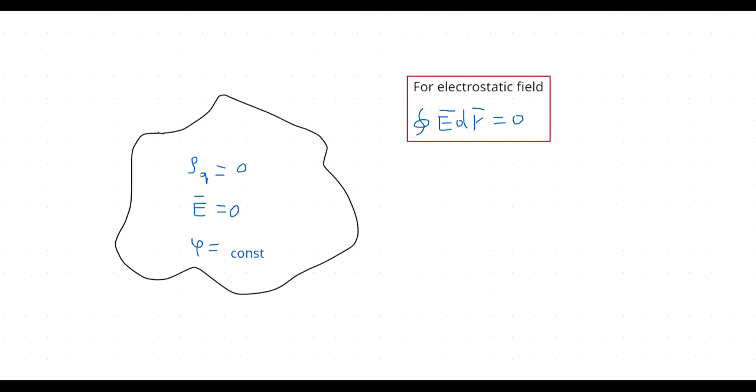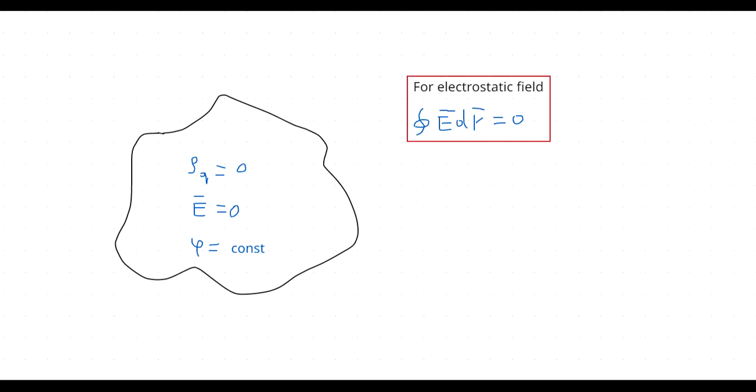Okay, and now we are going to have a look at the electrostatic field outside the conductor. Outside the conductor, the electrostatic field can be present. But it is necessary to say that an electrostatic field cannot produce electric current.